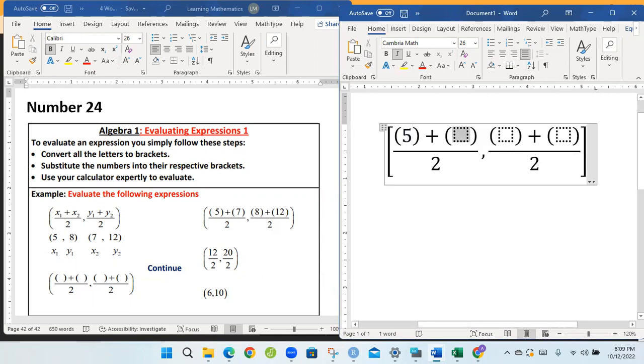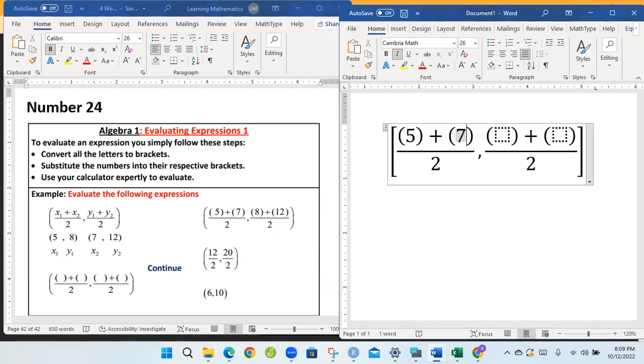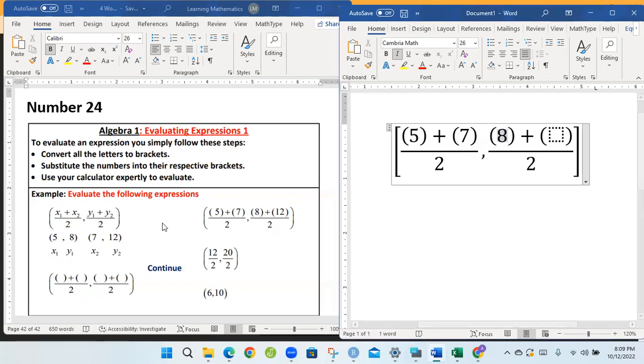So you simply substitute. It's very important to use brackets when you substitute. Now, the formula says y1. That's the formula for the midpoint. Where's y1? Look, y1 there. y1 is 8. And now, here we're supposed to put y2, which is 12.